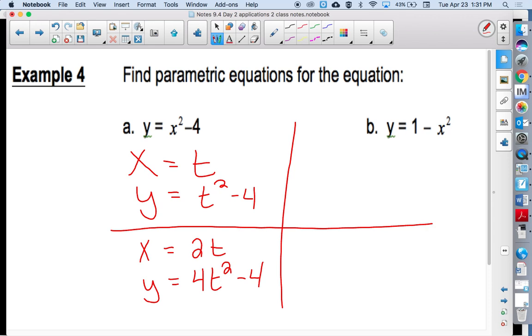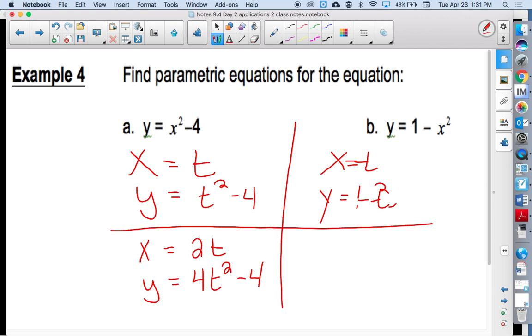So if you look at the other one, letter B, you could be really basic and just say x equals t, so then y is 1 minus t squared. Questions with that?